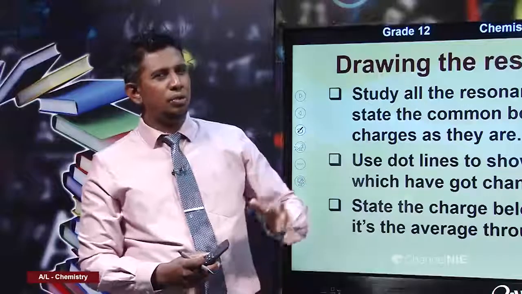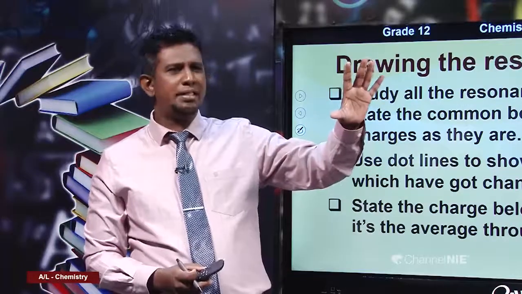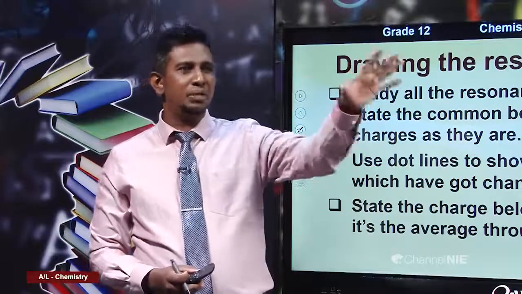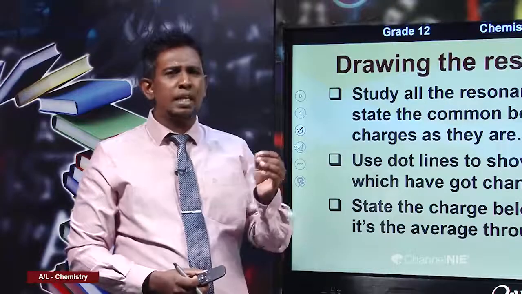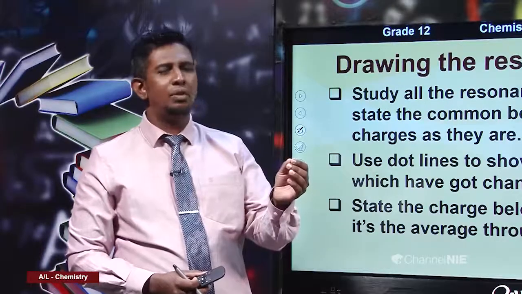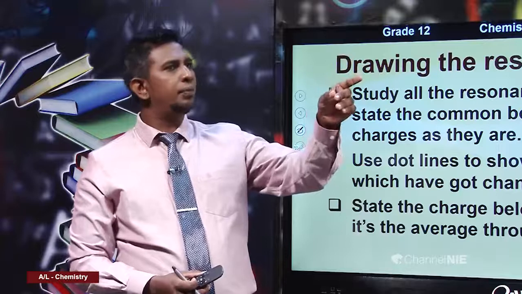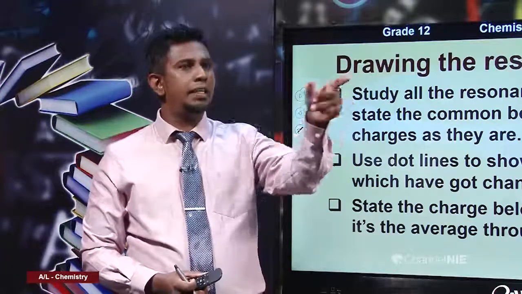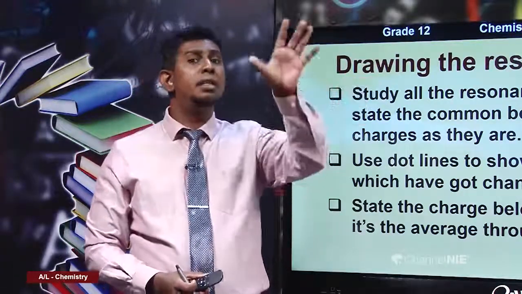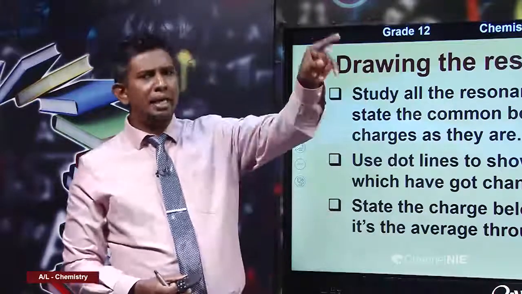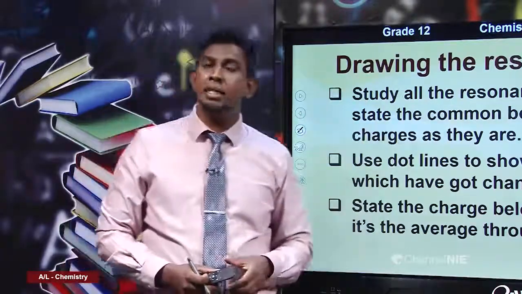So you check for all of them. Obviously you would have the skeleton within all of them. Then sometimes additionally you could find some pi bonds. If this pi bond is there within all the resonance structures, you mark that pi bond in the resonance hybrid as well.